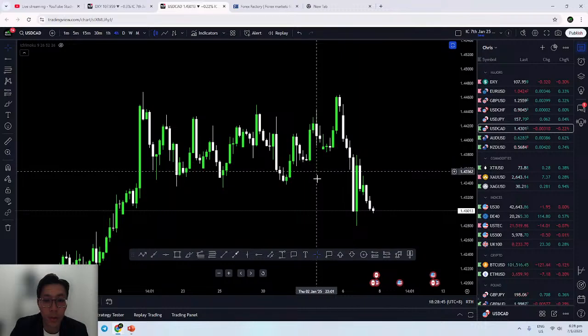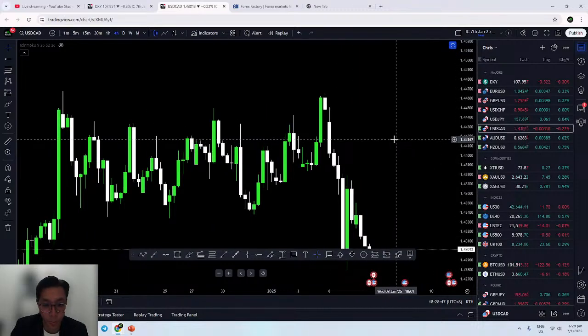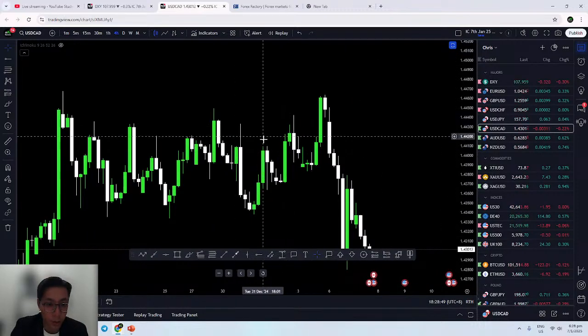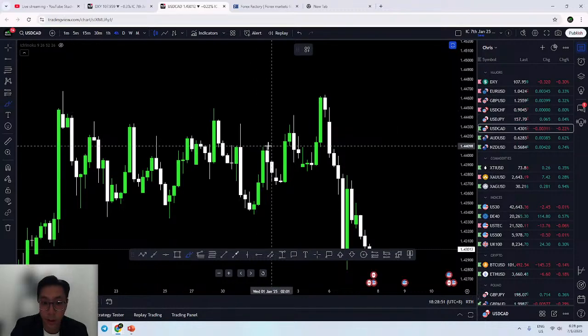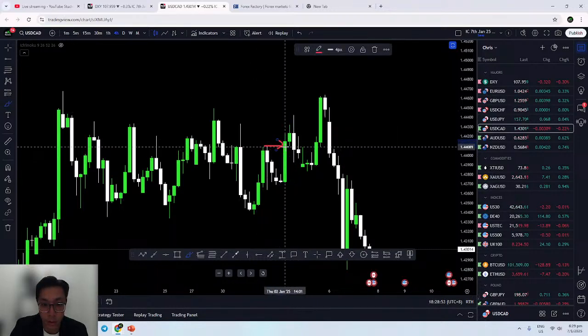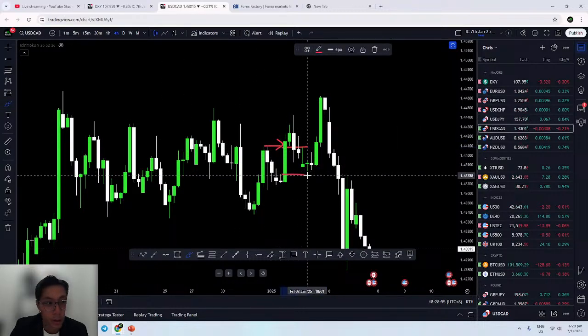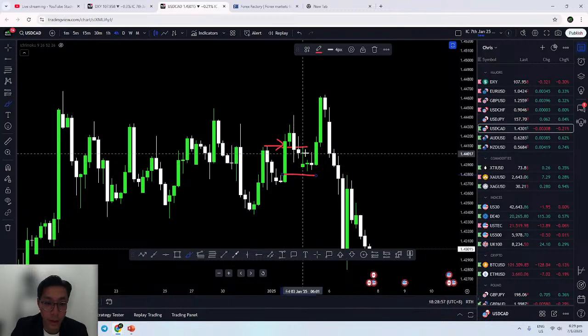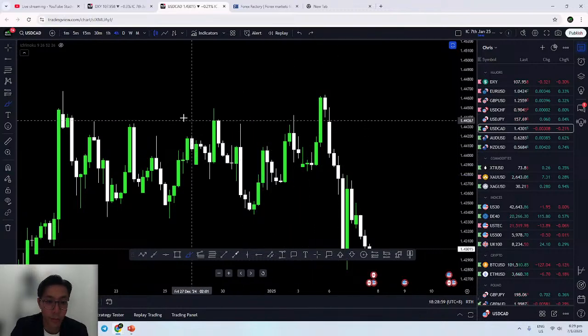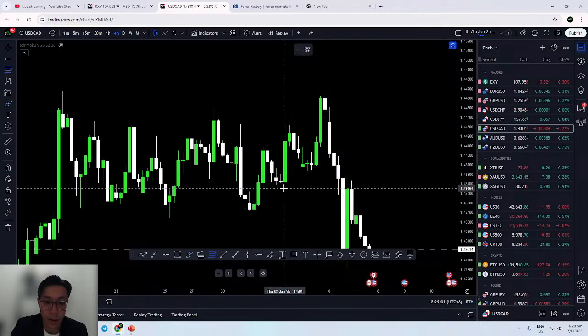When price was around this area, once I saw this, I saw a bit of structure, and then I saw a very nice H4 FVG right within this level. So I didn't even have to mark out my levels. I can just enter.